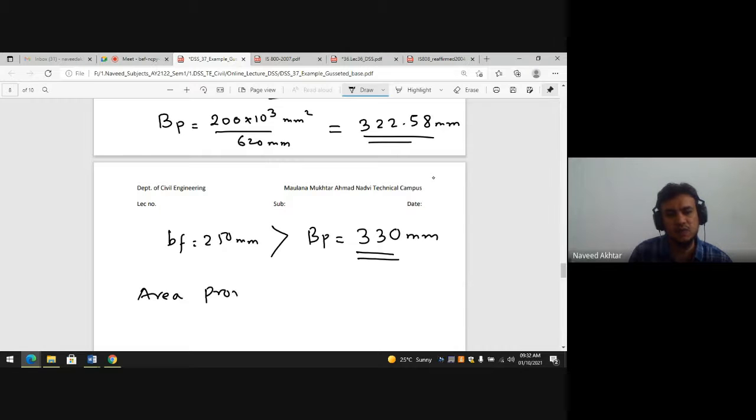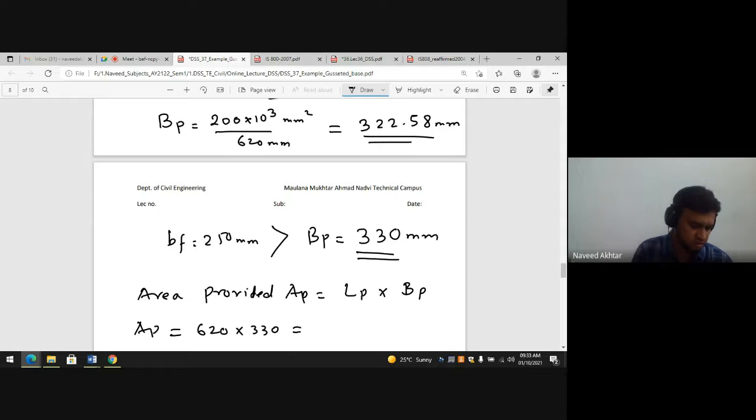Area provided, AP, is equal to length of plate into breadth of plate, 620 into 330, which is nothing but 204.6 into 10 raised to 3 mm square.